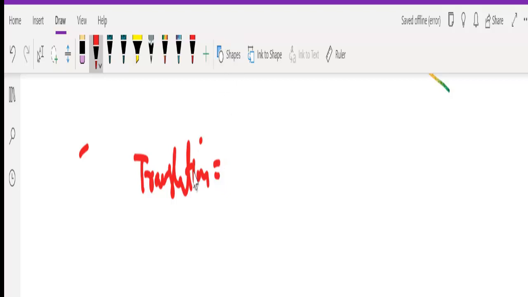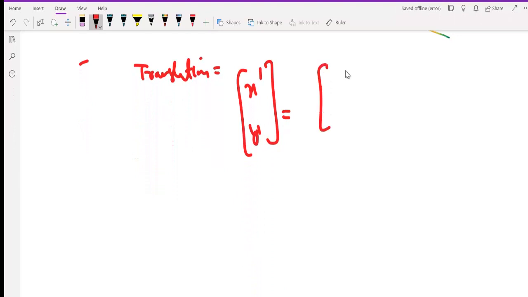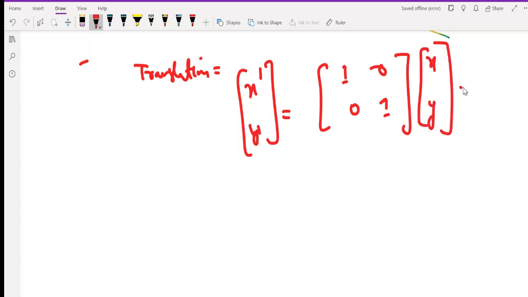So we do the continuation of the program we did in the lab about the transformation. The first is translation, where this is x prime, this is y prime, and this is going to be equal to the matrix 1 0 0 1. We have done it. And this is x and this is y, and we have to get the t of x and t of y.